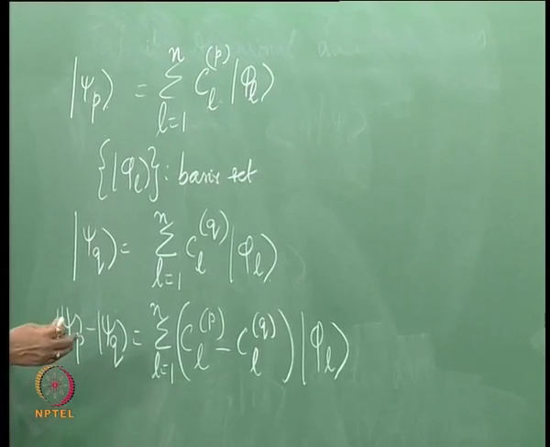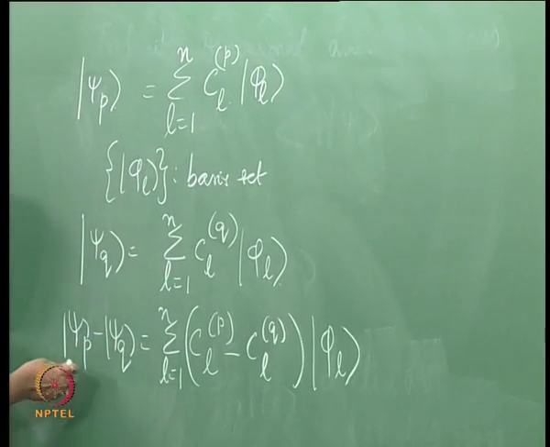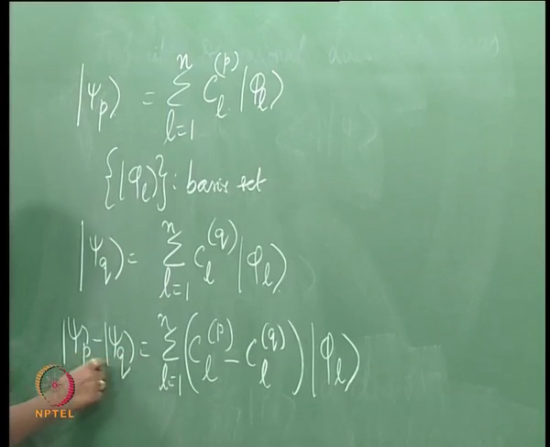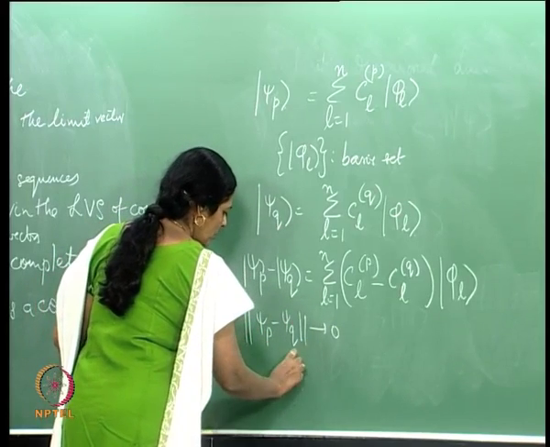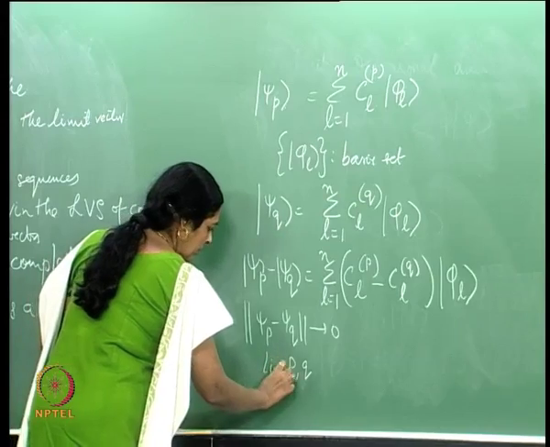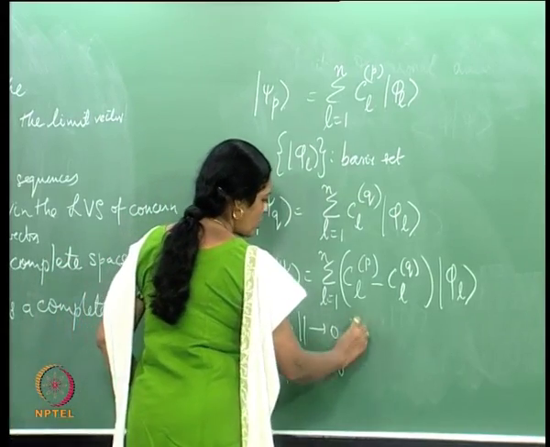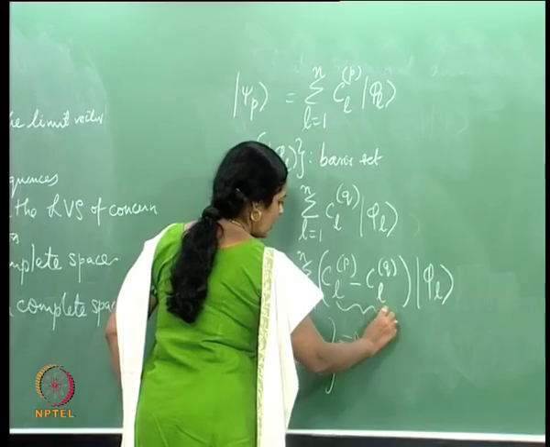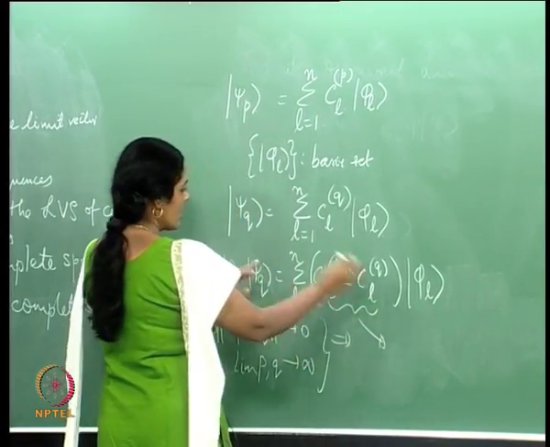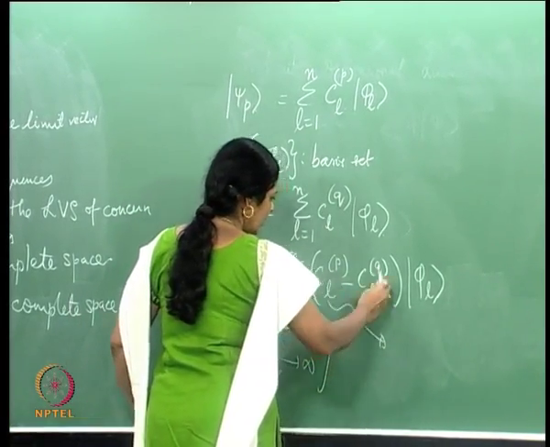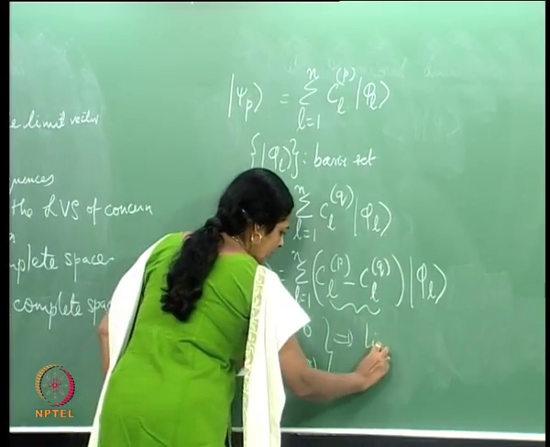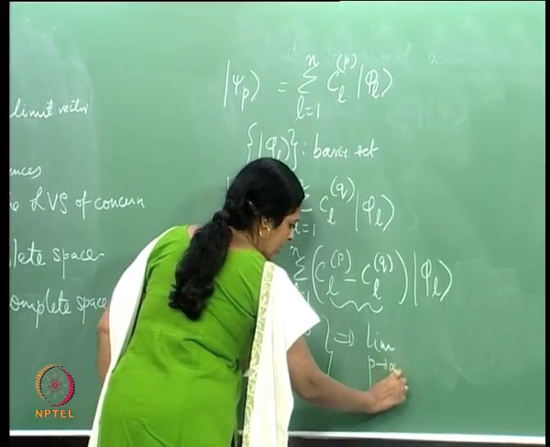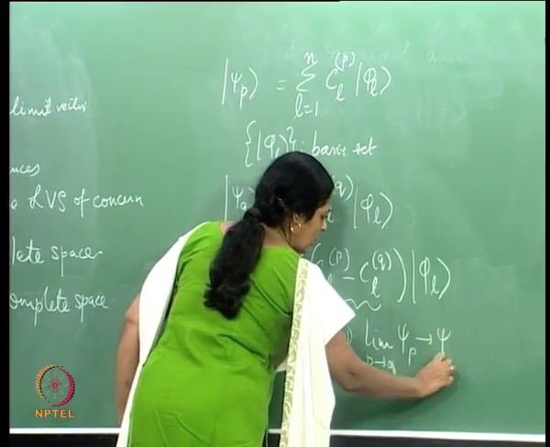Now if this is a Cauchy sequence, then in the limit p, q going to infinity, the norm of this difference goes to 0, which automatically implies that this goes to 0, which means that the limit as p goes to infinity of psi p goes to the limit vector psi.